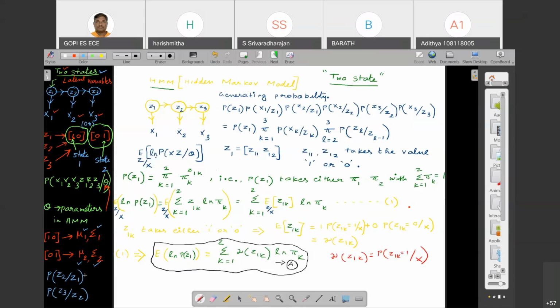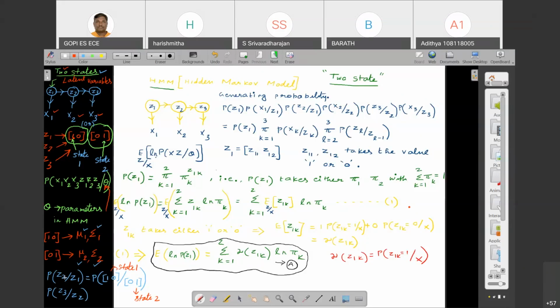For example, the probability of 1 0 given 0 1. What that really means is a change in state from state 2 to state 1: what is the probability that the state changes from state 2 to state 1? So there is a transition probability happening.